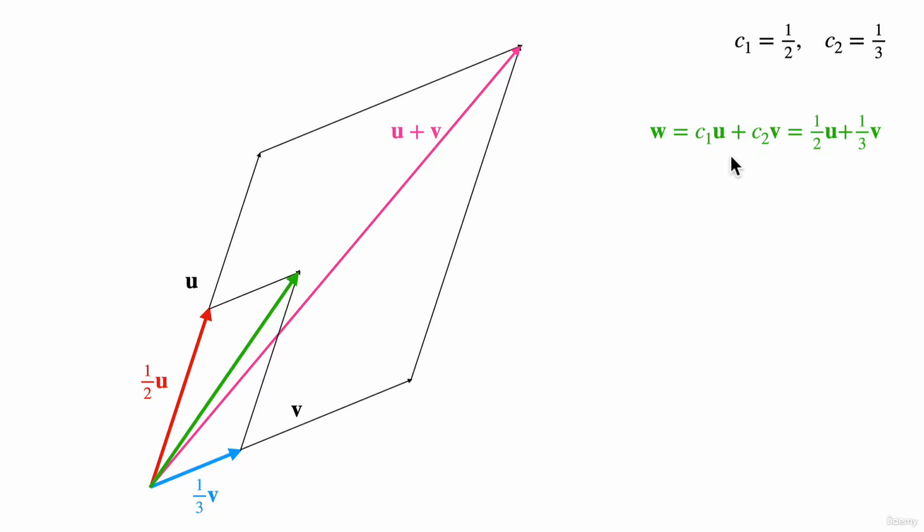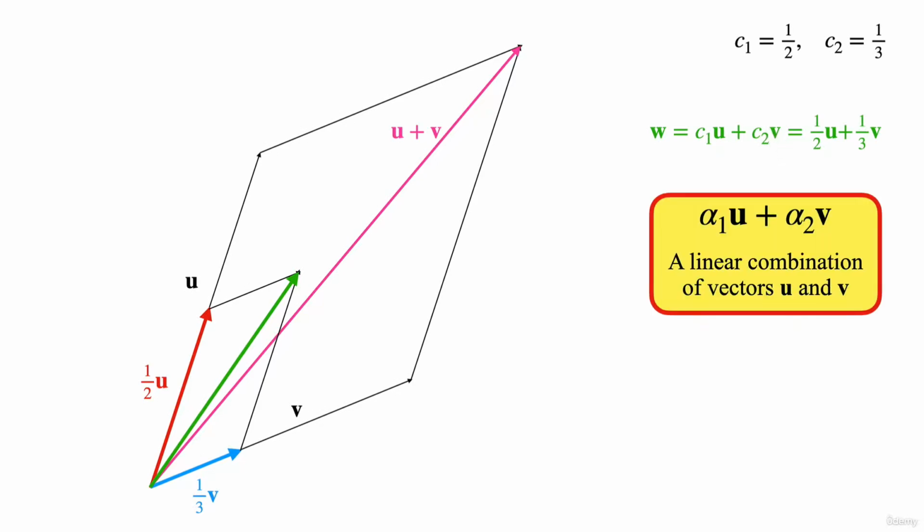So a linear combination of two vectors is just some scalar times the first one plus some other scalar times the second one. Because if I take a scalar times a vector plus another scalar times another vector, then I will get a new vector as a result. This is a linear combination of vectors u and v.